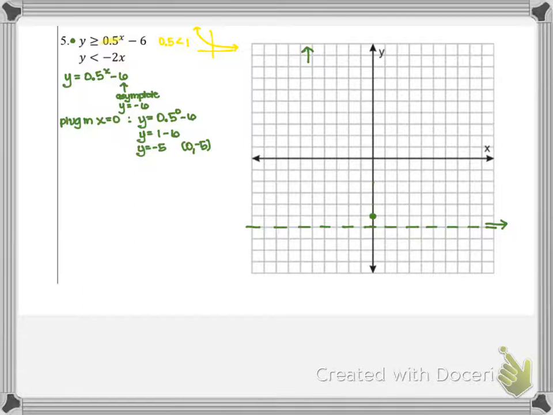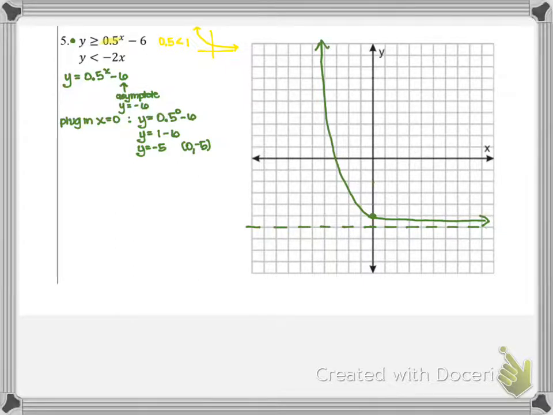So I'm going to start high and go through that point. I don't want it to be straight up and down because it is shrinking over time. And then I'm going to go down. And then I can erase the extra little guiders that I put down here. Okay. Now, there's my green graph.